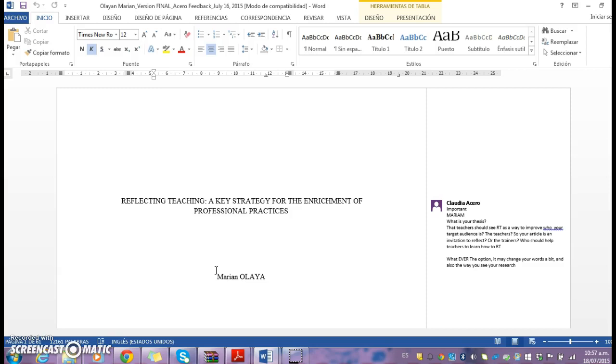You want to theoretically show that reflective teaching is something that should be done in Colombia, and what justifies that is that you did some work with some English teachers and you found certain details. That's why you found certain strategies and categories of analysis to show that reflective teaching is actually used.